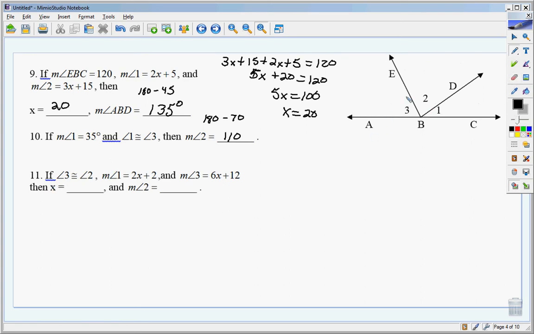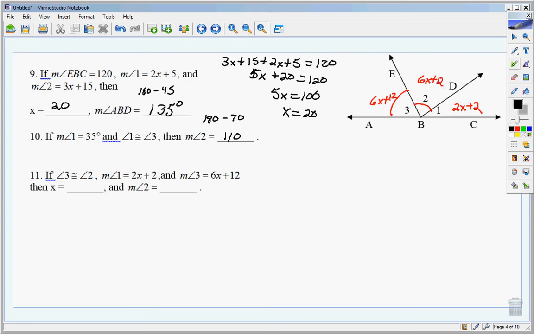Angle 3 is congruent to angle 2. Make sure if they give you information about a picture that you mark that information into the picture. 3 and 2 are the same. Angle 1 is 2x plus 2. And angle 3 is 6x plus 12. Since angle 3 is 6x plus 12, angle 2, which was congruent, would also be 6x plus 12.